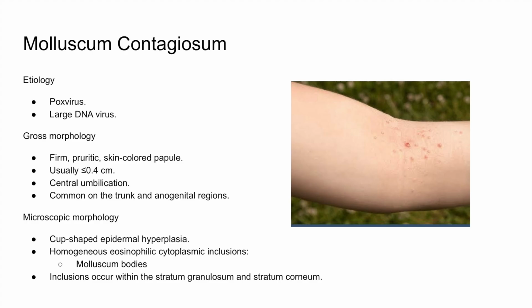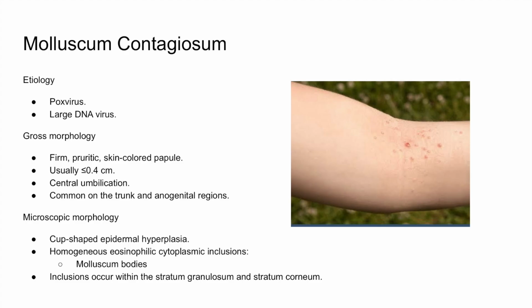Okay, molluscum contagiosum. We've also covered this one a lot, but here we are again. It is caused by a large DNA pox virus and commonly affects children through direct contact or auto-inoculation. Adults may develop anogenital lesions through sexual transmission. The classic finding is a small, firm, pearly or skin-colored papule with central umbilication. Immunosuppressed patients may develop unusually large or numerous lesions.